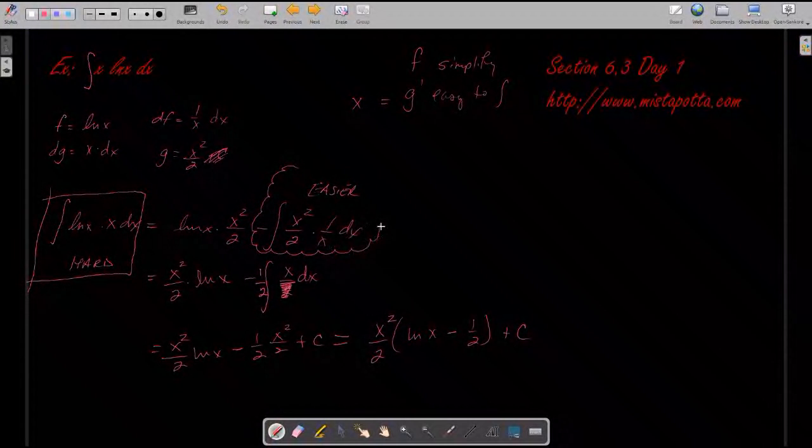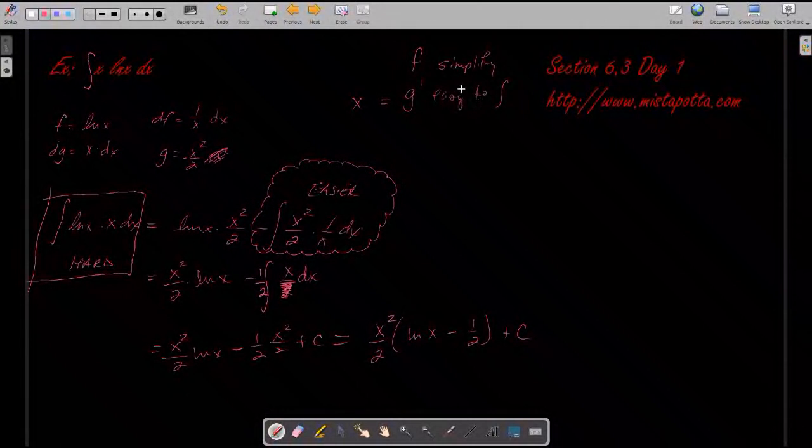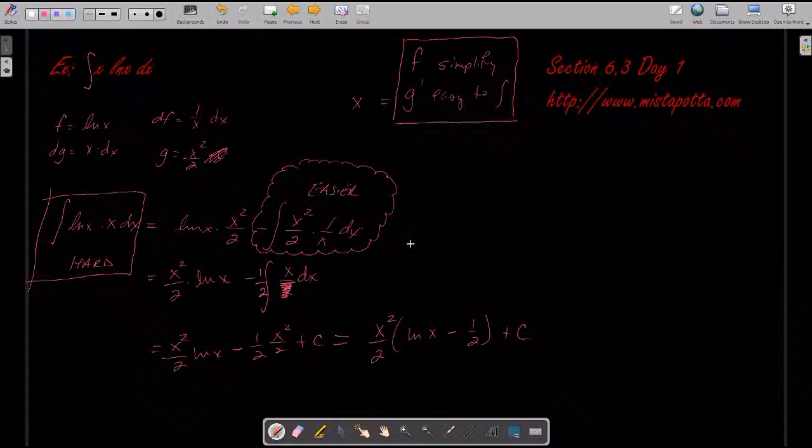But it is essential that we take a look at these ideas for finding f and g prime. F should simplify when I take a derivative, and g prime should be easy to integrate.